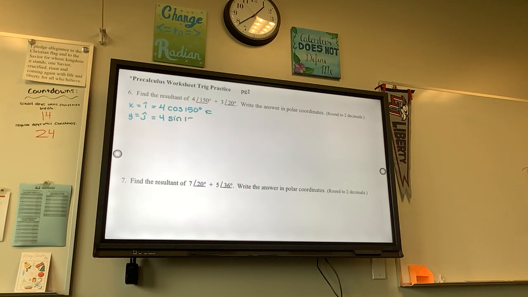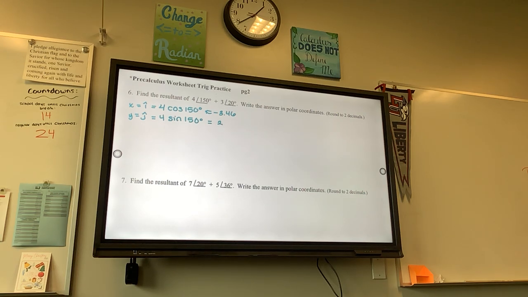Sine. So we need to crank these out. Does anybody have the cosine? We're going to round to 2 decimals as it says. Negative 3.46. Verify. Thank you. I will be verifying, making sure we're getting the right answer. And then how about the sine? Anyone? 2? 2 even? Thank you.